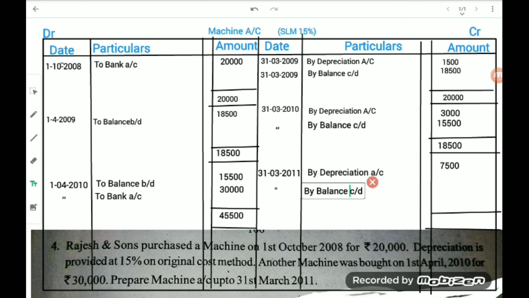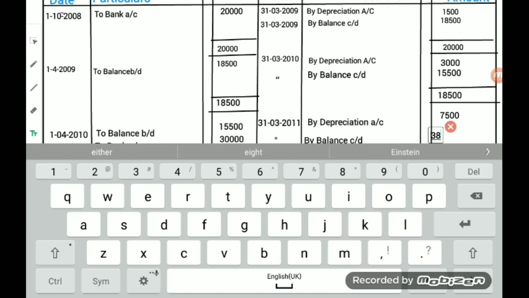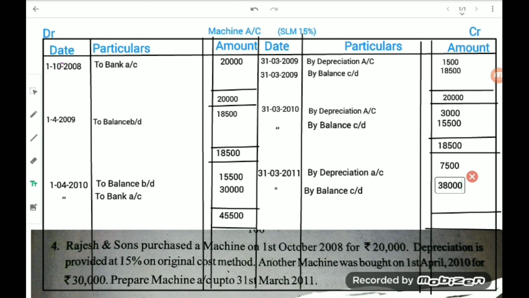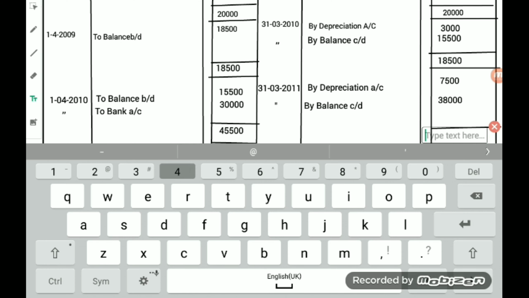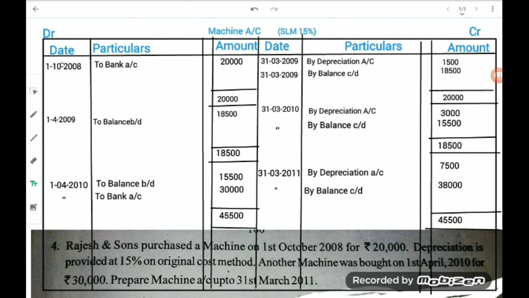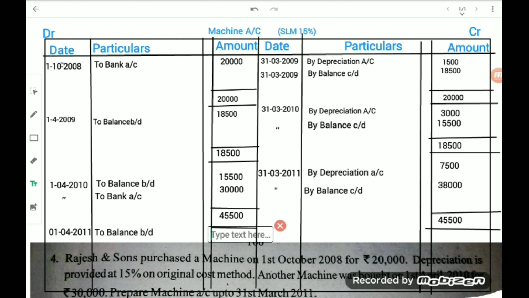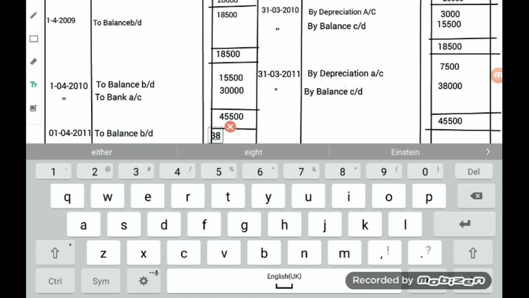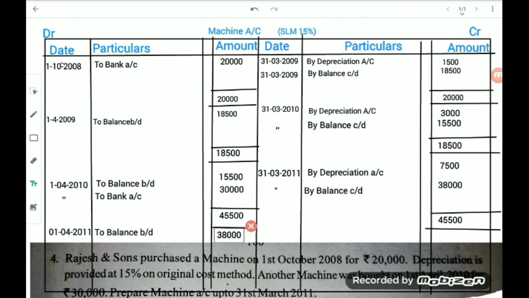So 45,500 minus 7,500, that is 38,000. The balancing figure is 38,000, debit minus credit, the ledger balancing. And the total is the same, 45,500 only. After that, for the next year, on 1st April 2011, the balance will be 38,000.